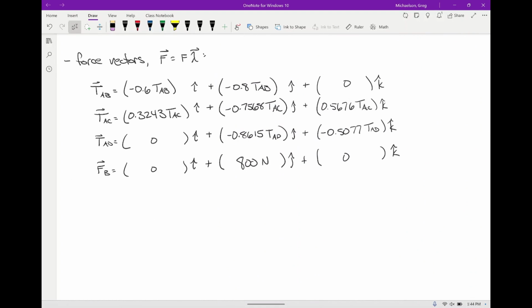So now what we need to do is apply our equations of static equilibrium. So we'll just add up all of these components here. And these will be the sum of the forces in the x direction. And then add up all of these components here.